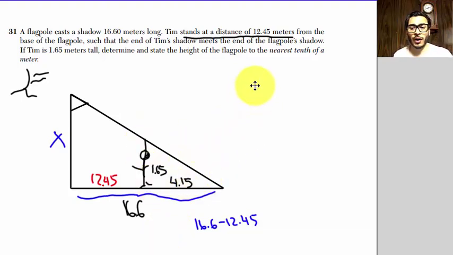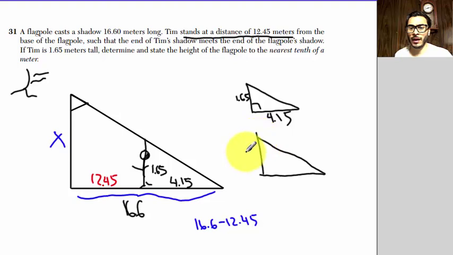So let's separate the triangles, so that it makes it easier to see the proportion. This is 1.65, the little triangle made up of Tim and his shadow. And this is 4.15. And then we got the whole thing. This is X, and then that shadow there is 16.6.